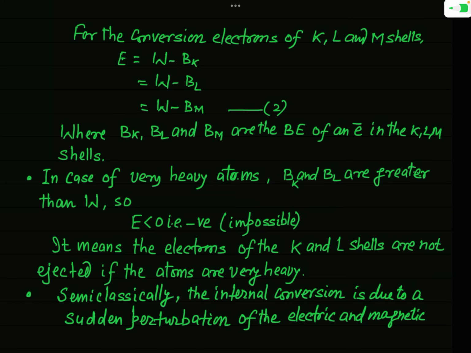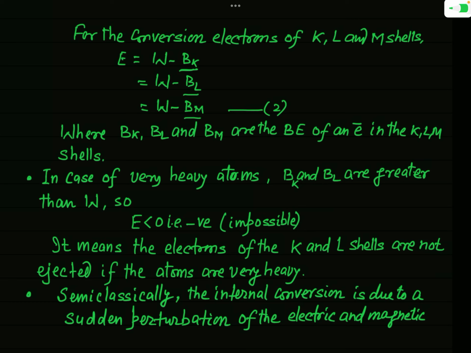You can see, if we consider that Bk is the binding energy corresponding to the K cell, Bl is the binding energy corresponding to the L cell, and Bm is the binding energy corresponding to the M cell, then when the electron of the K cell, L cell or M cell is ejected after internal conversion, what will be the kinetic energy?